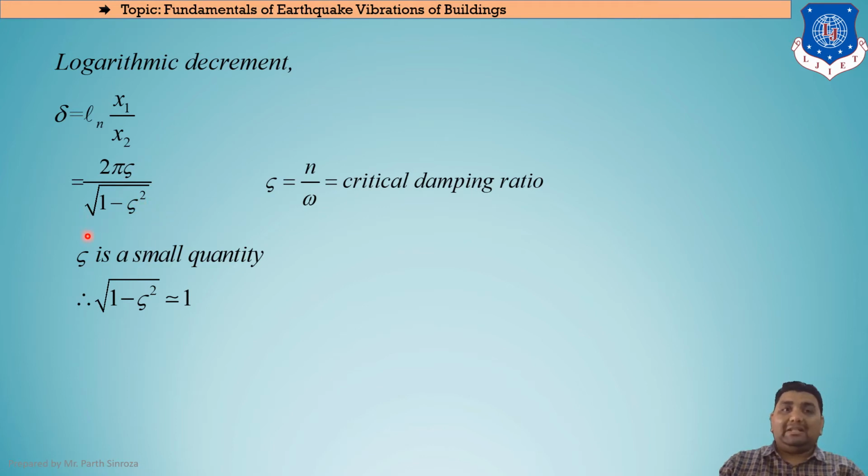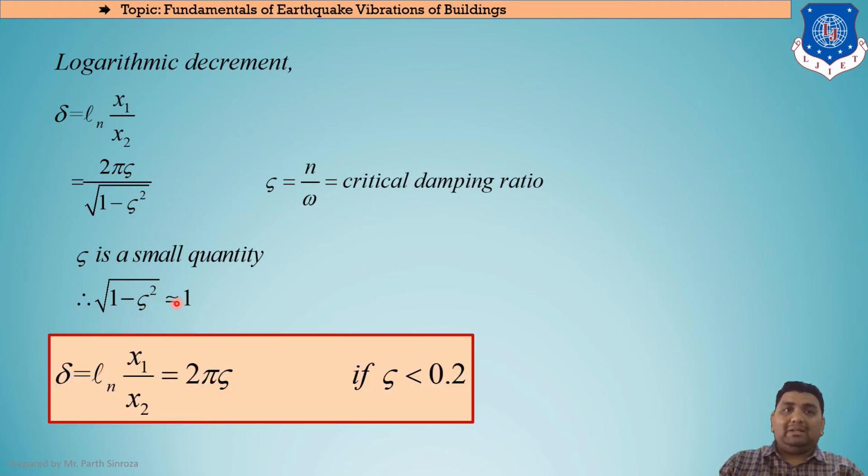So whenever zeta is considered a small quantity, 1 minus zeta square will be approximately equal to 1, and our delta will be equal to ln x1 by x2 equal to 2 pi zeta. This equation can be used only if the value of zeta is less than 0.2. Clear? So this is the final value of our logarithmic decrement which we will be using in the numerical problems.